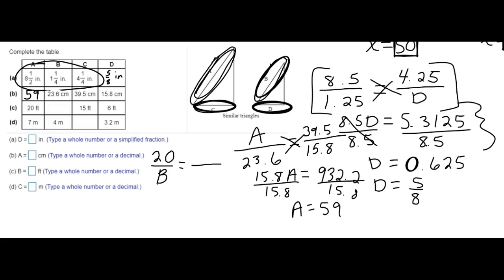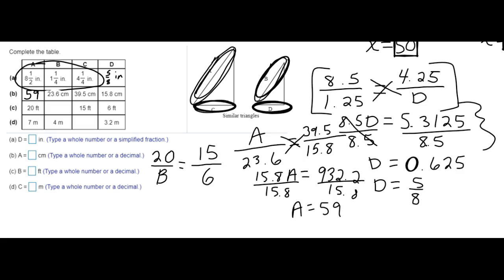B is what we do not know, equals the long side, it's long side of the big triangle over long side of the little triangle equals C, which is the long side of the large triangle, given to us as 15, divided by D, which is 6, the short side of the small triangle.